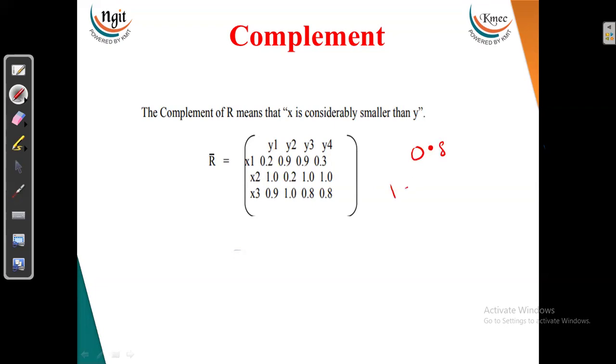Now what is the value? 1 minus 0.8 equals 0.2. So this is the complement. I think this one was 0.1, for x1 comma y2. Now 1 minus 0.1, you will get 0.9. So this is the solution for the complement. Like this, whatever relation we have, you can calculate.